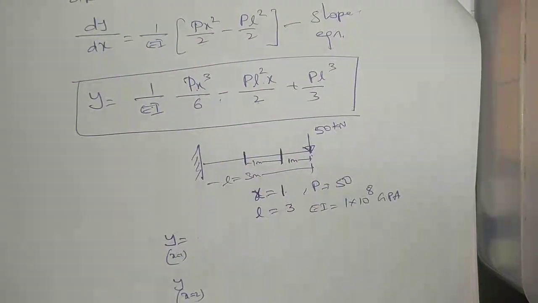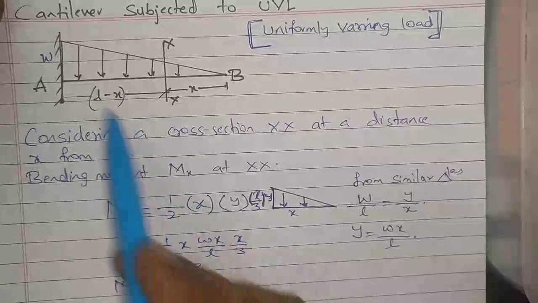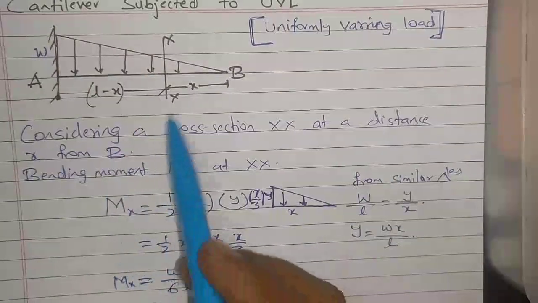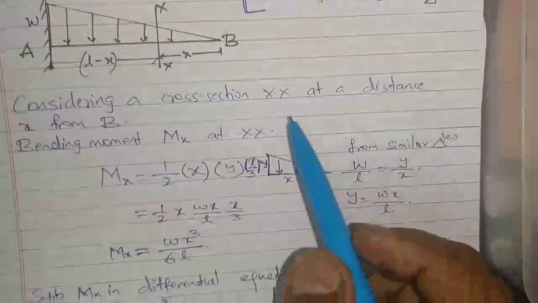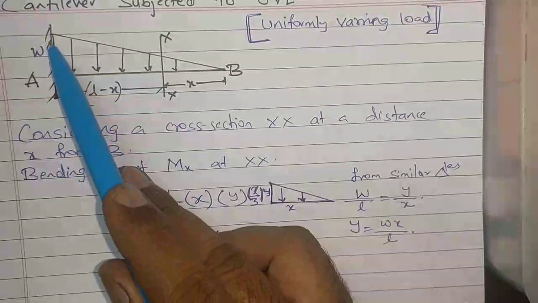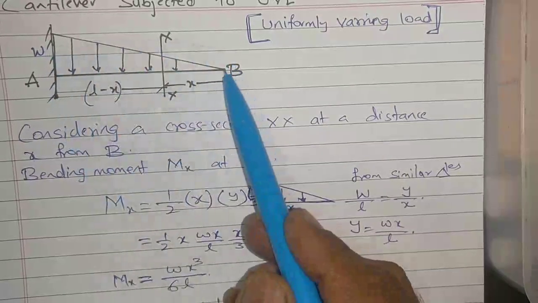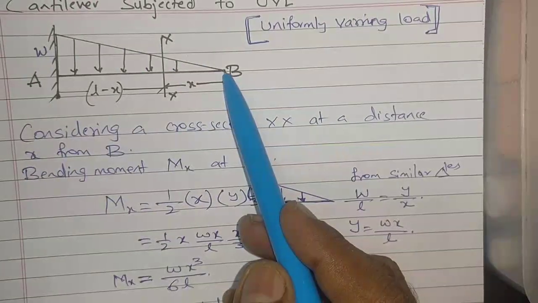And one more problem is given in this deflection, this one. Deflection of a cantilever subjected to UVL. Here also everything is the same, but the load is in the form of UVL. At the fixed end you are having W, and at the free end your intensity is 0.